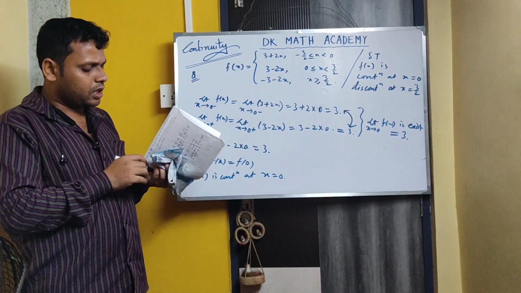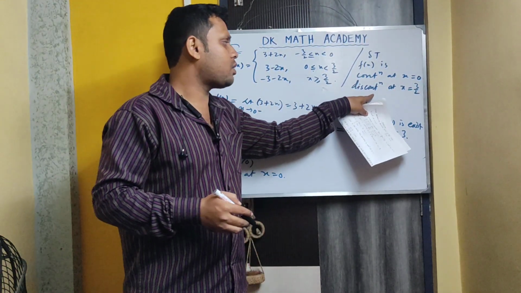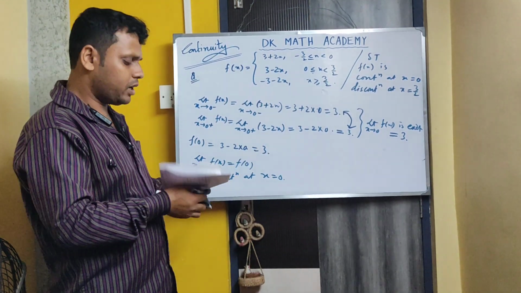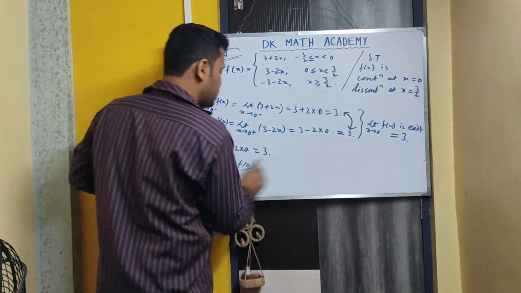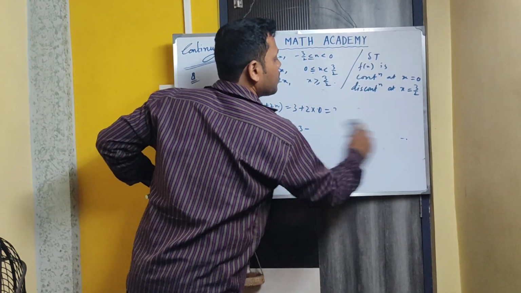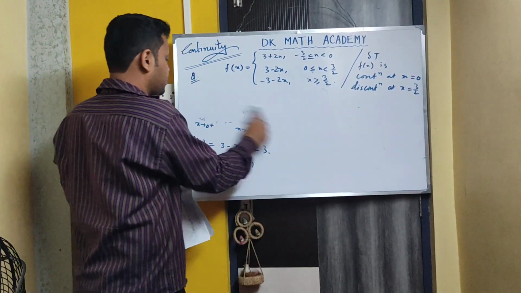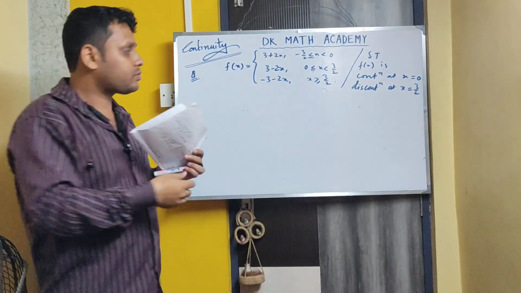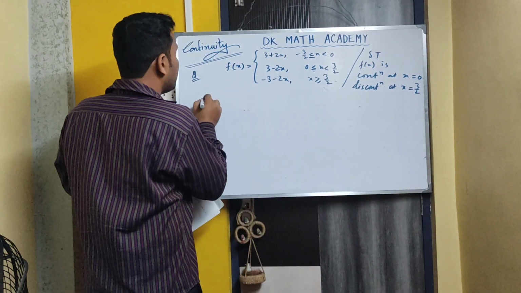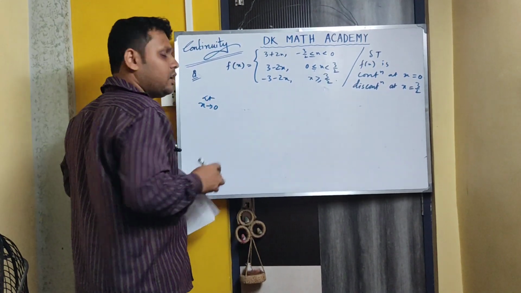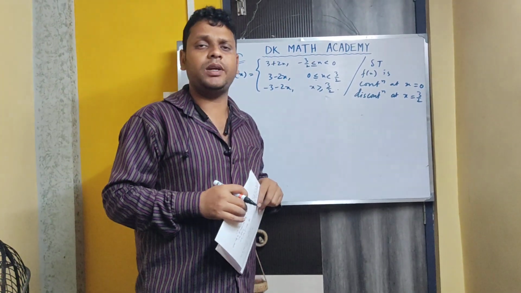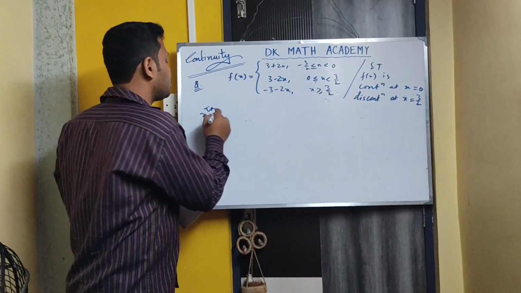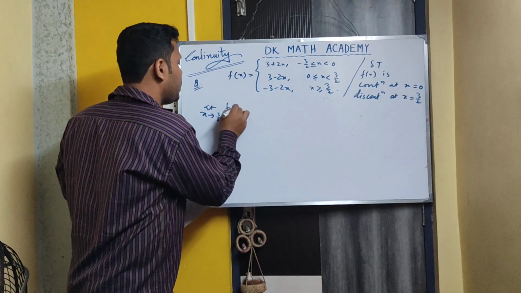Now we see the next part of this problem, to show the discontinuity of the function at the point x equals 3 by 2. Let's see. We will check the existence of the limit x tends to 3 by 2 of f(x).